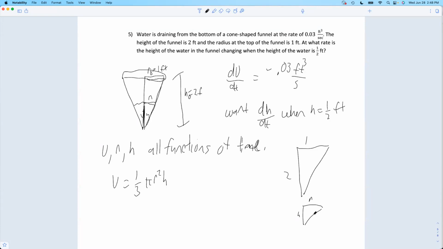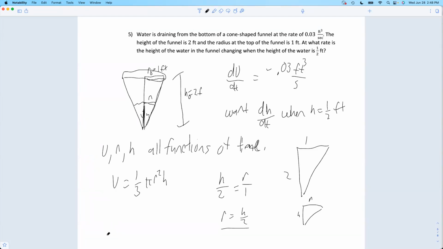That's going to make this problem a little easier. So let's use our similar triangles here and say H relates to 2 in the same way that R relates to 1. In other words, R is H over 2.